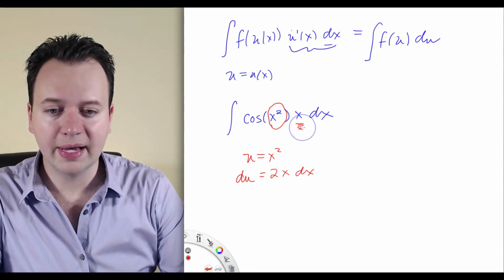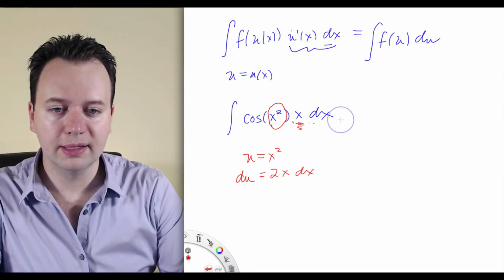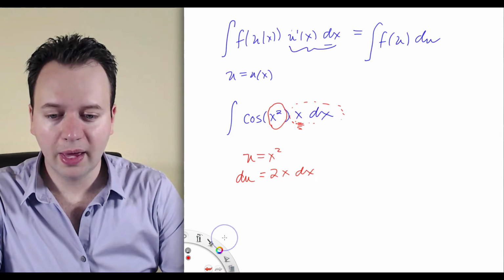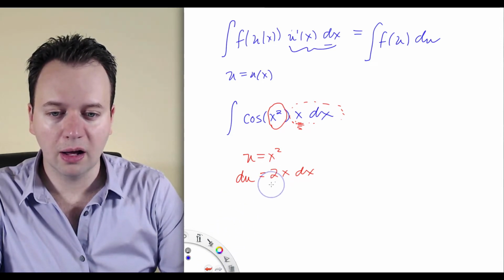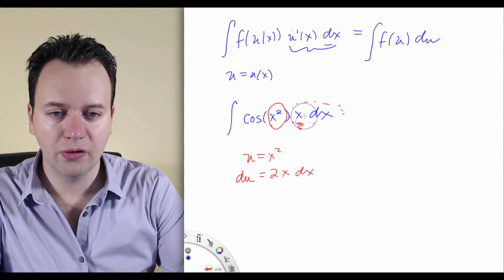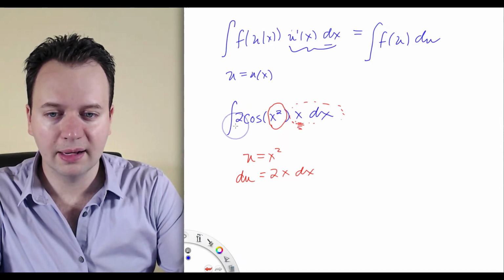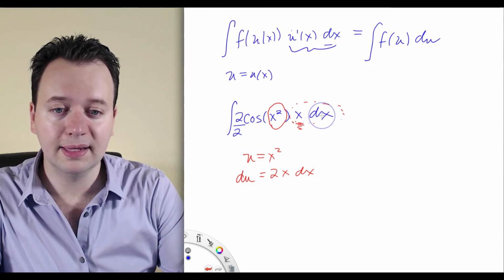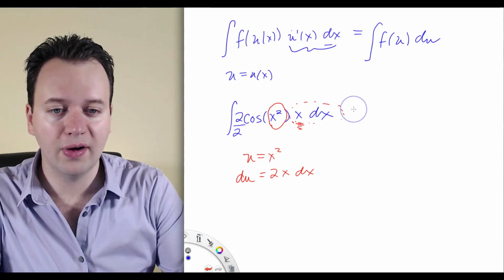Now we almost have the du inside the integral right here, except we're missing the 2. And that's okay. Whenever you are missing a constant factor, you can take care of it by doing the following. You can multiply the inside by 2 divided by 2. Now 2x dx is sitting right there, and I have an extra factor of 1/2.